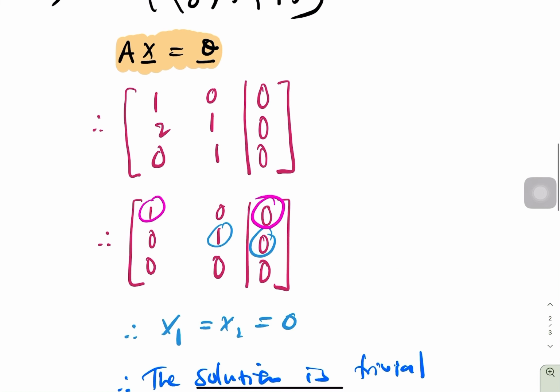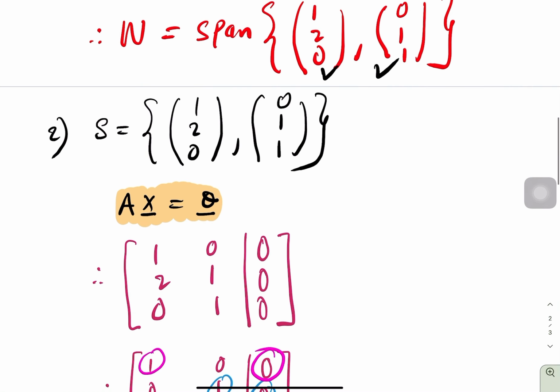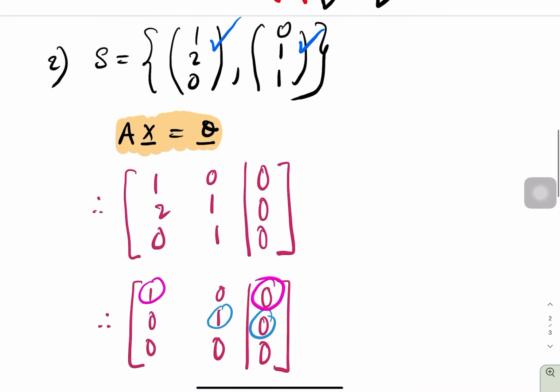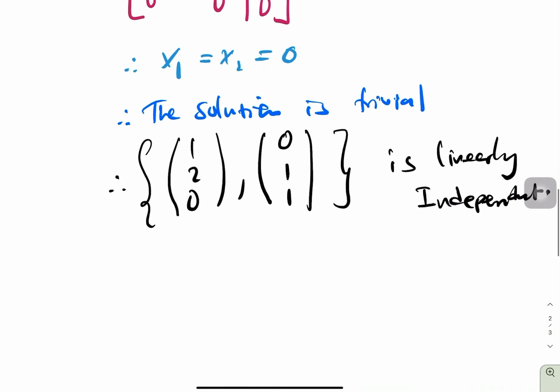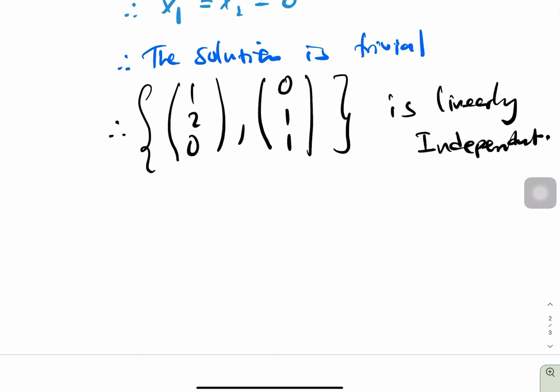Or the other way to check that was to compare this vector and this vector. If they are not a scalar multiple of each other, then they are going to be linearly independent. But if they are, then one row will be deleted. That means it's going to make it linearly dependent, you know. So now you will see that you have an independent set.